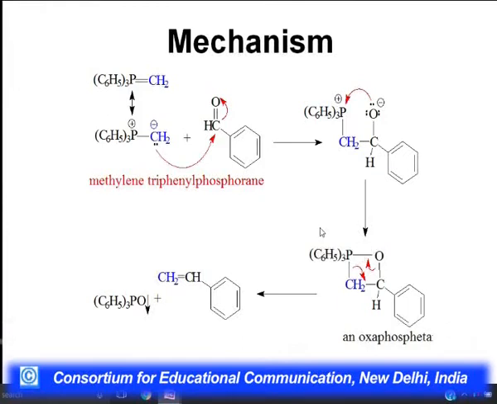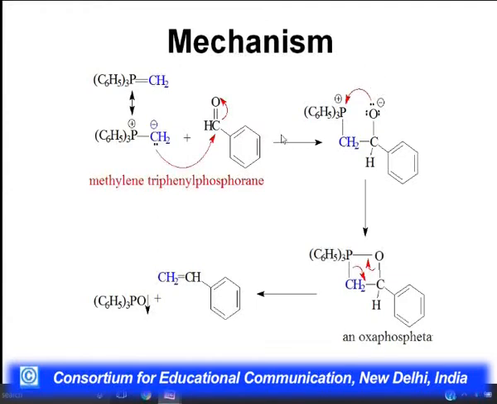What you have to observe before we proceed further is that in this case, 2 electrons are being contributed by the ylide here, and 2 electrons are being contributed by the carbonyl oxygen here. So we can say that this is a 2+2 cycloaddition mechanism.